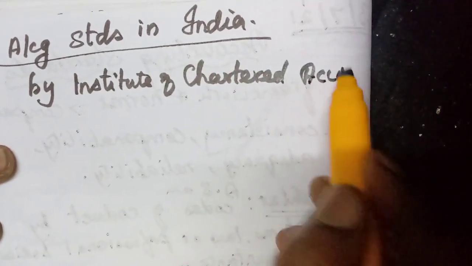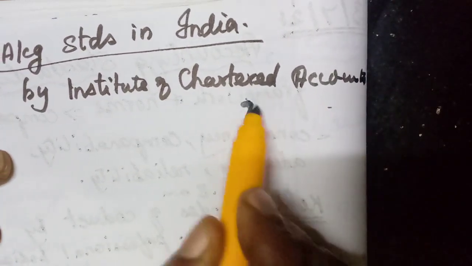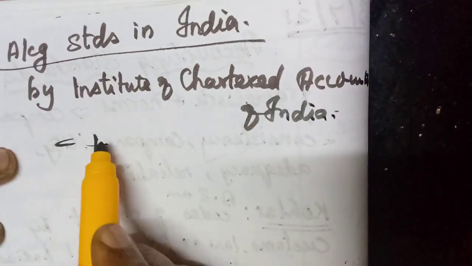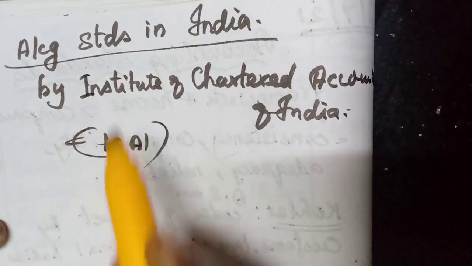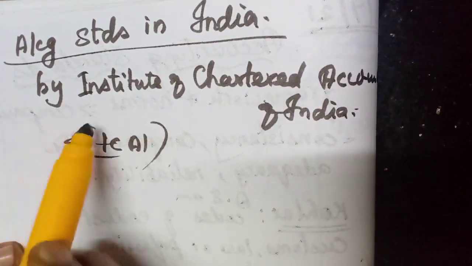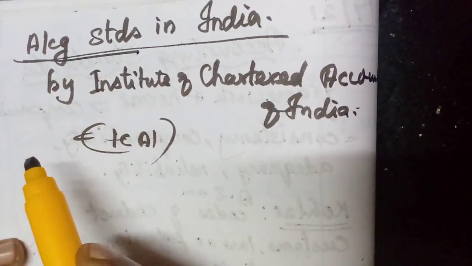We say CA, isn't it? What is the full form? Chartered Accountant of India. What is the acronym? ICAI. That institute is called ICAI. This institute is issuing the accounting standards in India.